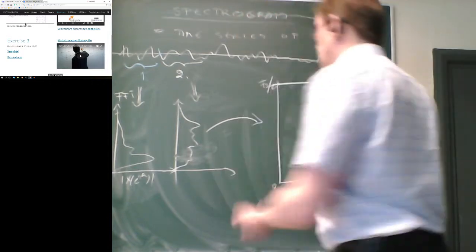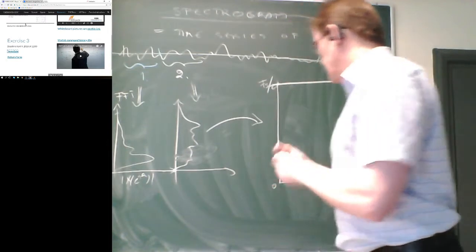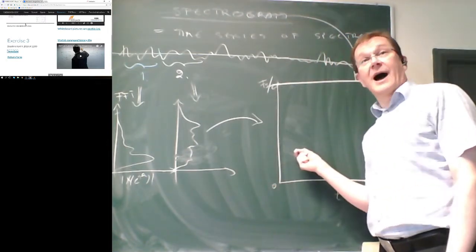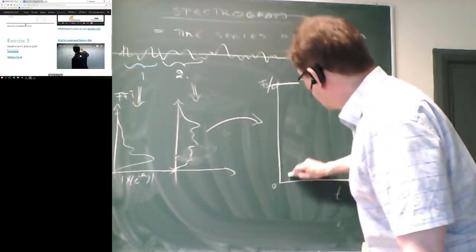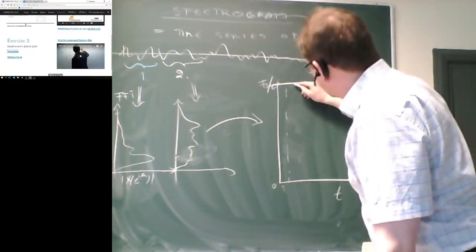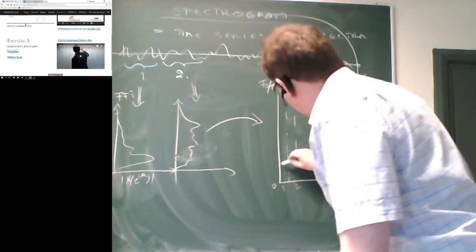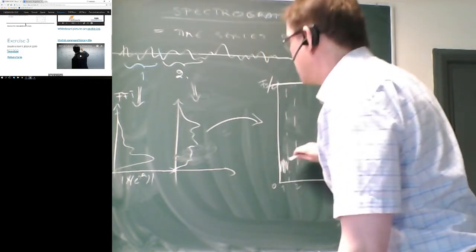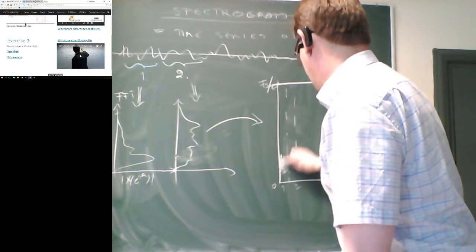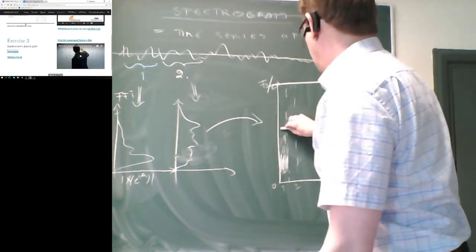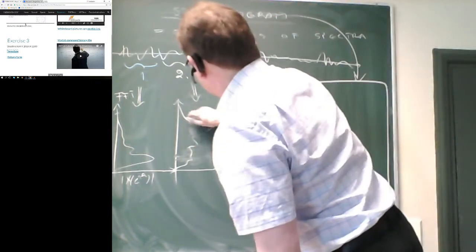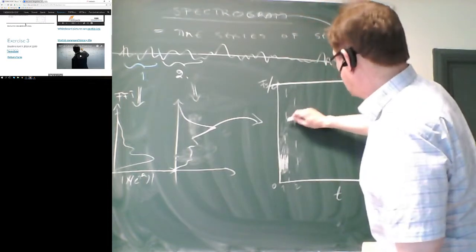The spectrum information is color coded, so we have sample 1, sample 2, and here somewhat higher components that fade out.